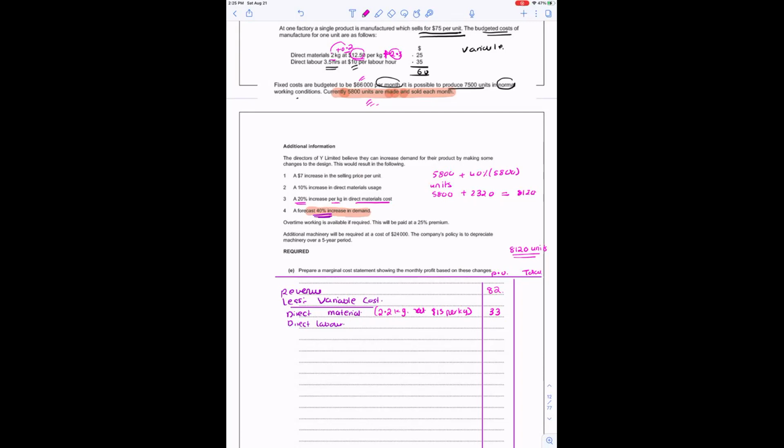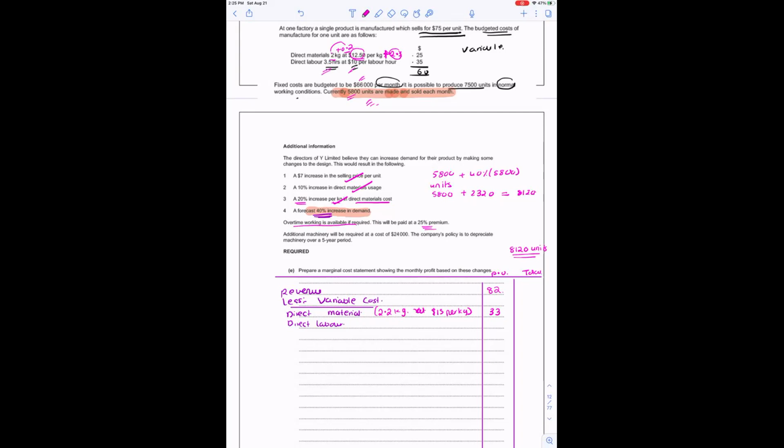Let's see what is given for direct labor. Selling price is done, material usage is done, and 20% increase per kg is done. Direct labor, 3.5 hours they are working at the rate of $10 per hour. Overtime working is available if required, and they will be paid 25% premium. Let's see how much they used to work initially.